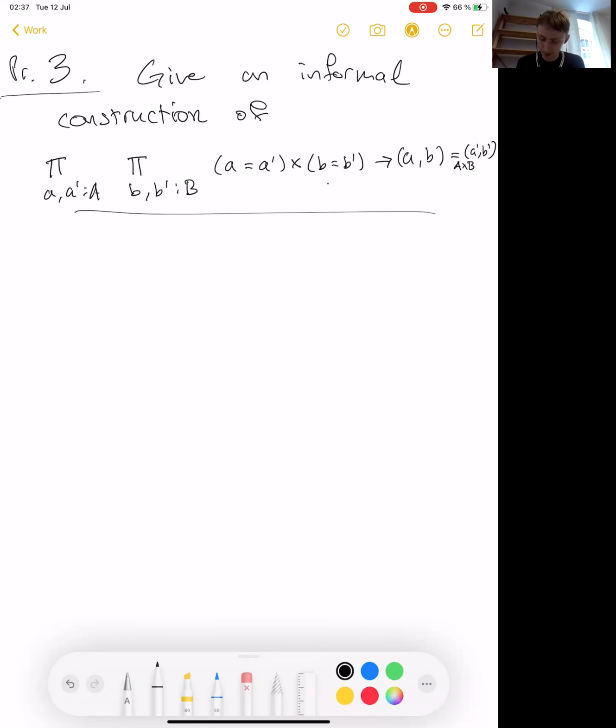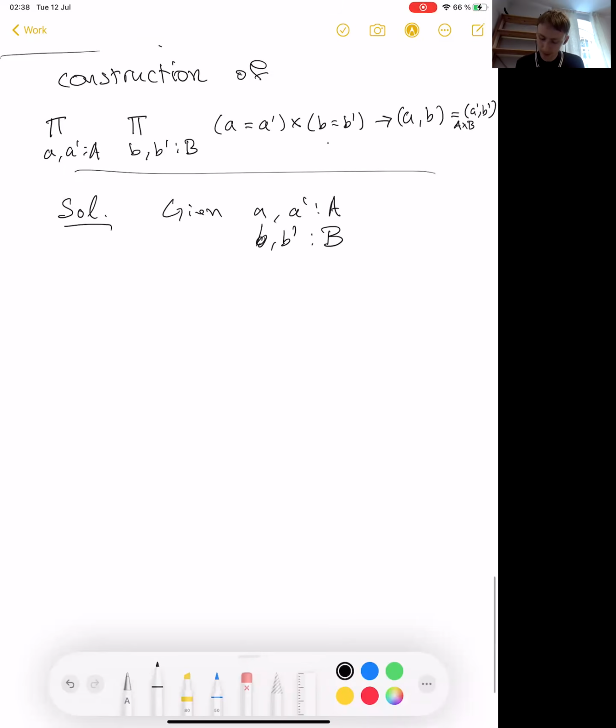Okay, so this is a big type, but it's just a big pi type, right? So we have a bunch of nice arguments that we can introduce. So let's solve this. The first pi type says we have an a and an a prime in A. We are given a b and a b prime in B. And then we're given some z of type (a equals a prime) cross (b equals b prime).